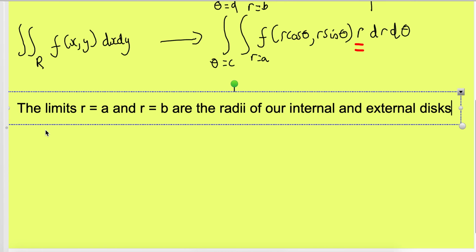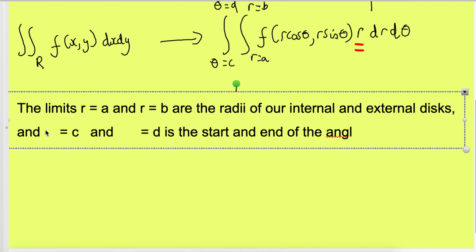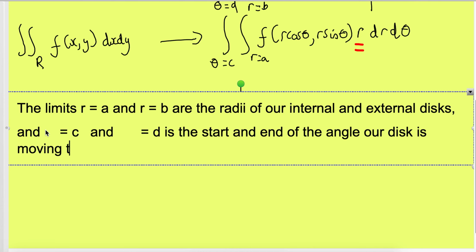It's going to be obvious when it's a diagram. And theta equals c and theta equals d is the start and end of the angle our disk is moving through.